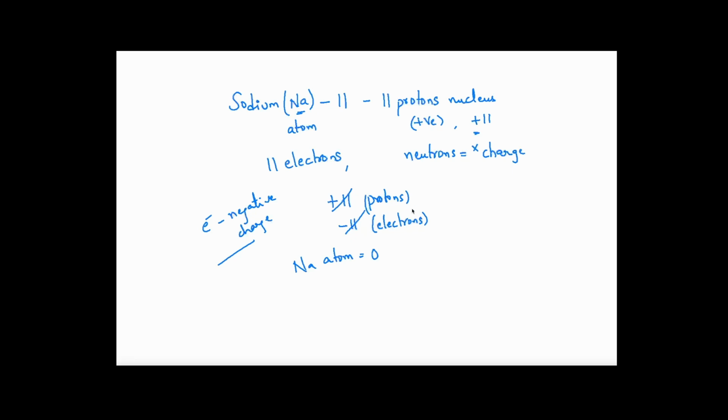So the charged particles of atoms are called ions. They carry a specific net charge which can be positive if it has lost its electrons, or it can also be negative if it has gained a couple of electrons.